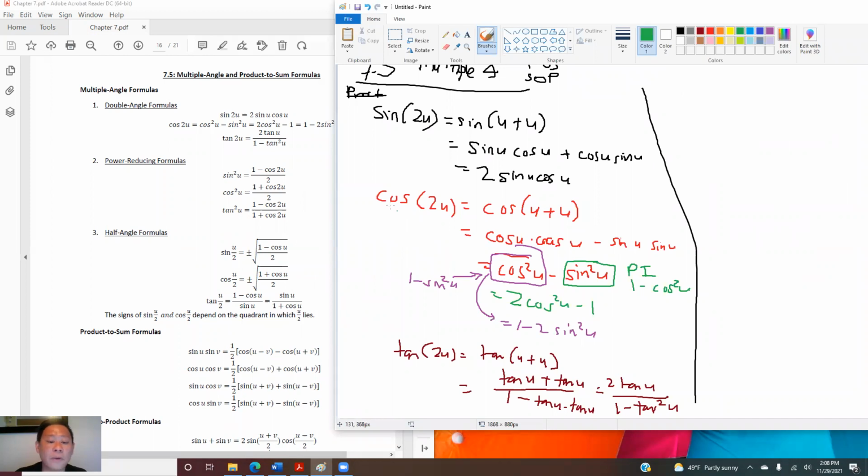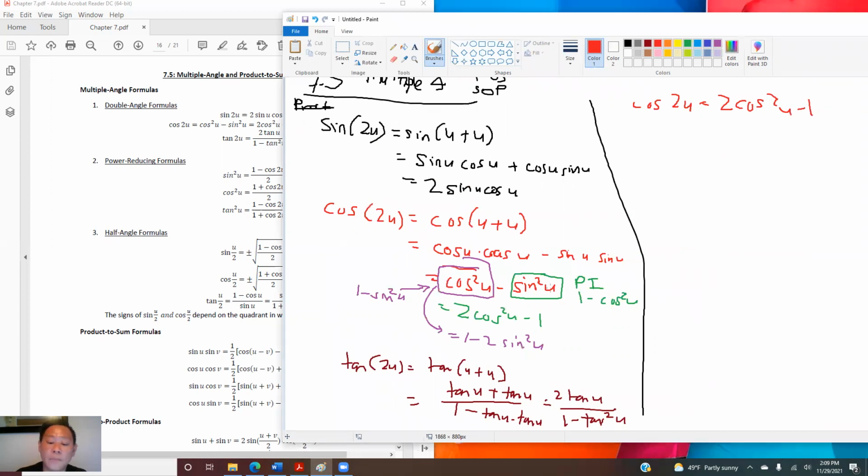Okay, so we know that using the double angle formula, cosine 2u is 2 cosine square u minus 1. So this is the cosine using the double angle formula. So if you try to find cosine square u, what I do here is I add 1 and I divide this by 2.